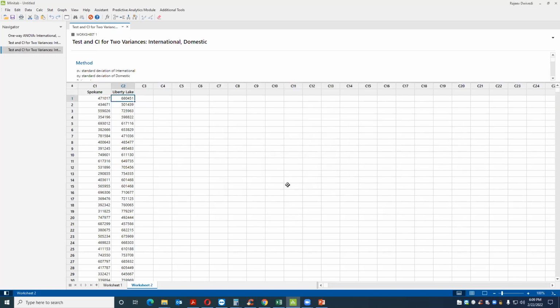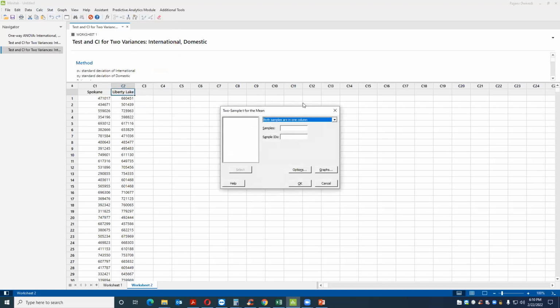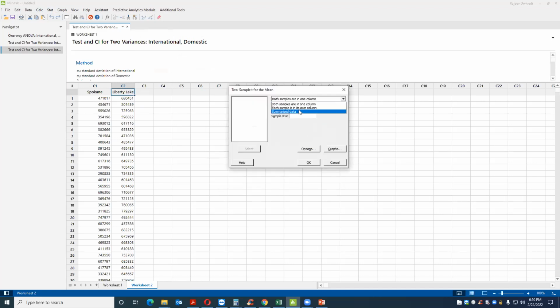Now your statement is that both areas have equal housing prices. So we are going to check here: Stat, Basic Statistics, Two-Sample t-test, and we are going to use each sample in its own column. Sample one is Spokane, sample two is Liberty Lake.